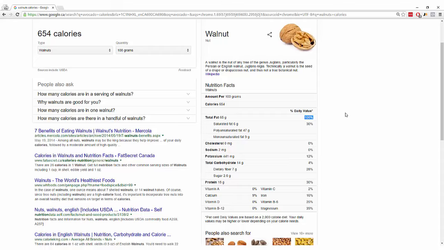This means that you should not be eating more than 100 grams of walnuts. And you see, getting back to my example, I was eating 300 grams of walnuts a day, so I was consuming 3 times more fat than what I was supposed to. And 3 times more fat, in spite of that being walnut fat, unsaturated fat, which is good for my body.